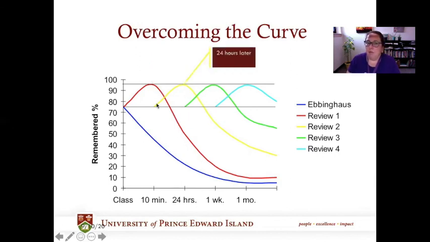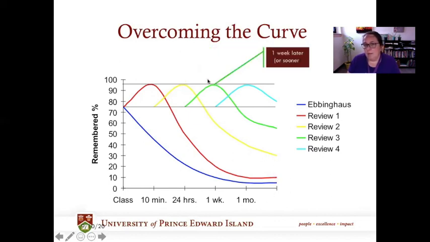If you then review it again within 24 hours of class, you can see that your curve goes back up again. And as the forgetting happens, look at the space between what you've forgotten here a month later. If you then look at it again a week later or sooner, you again move up.